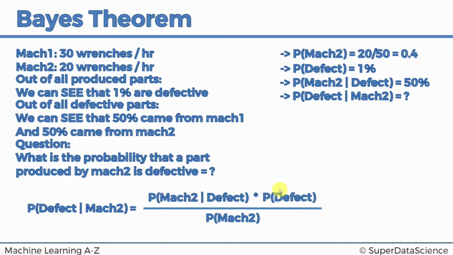We'll take the probability of a part being defective overall. We will need to multiply that by the probability that a part came from machine 2, given that it was defective. And we will need to divide that by the probability of the part coming from machine 2.